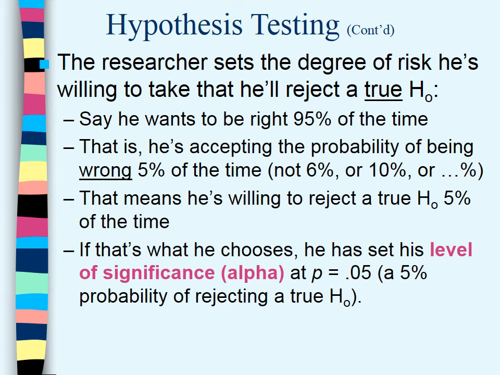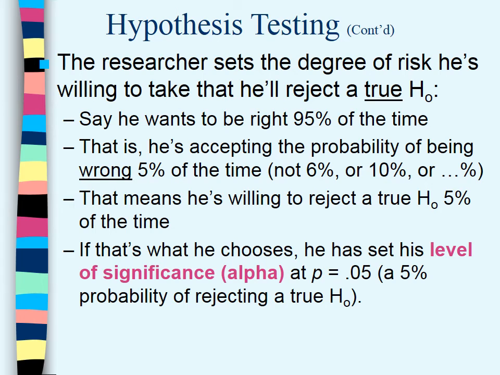So say you want to be right 95% of the time, that you're accepting the probability of being wrong 5% of the time. You understand and you accept that you could be wrong 5% of the time. That means that you're willing to reject a true null hypothesis 5% of the time.